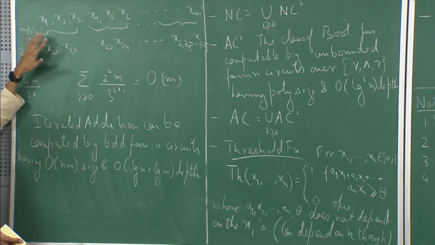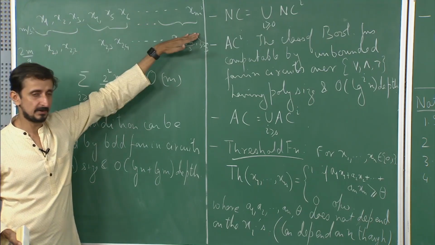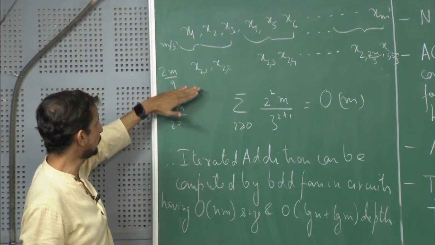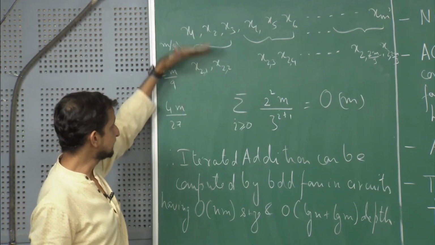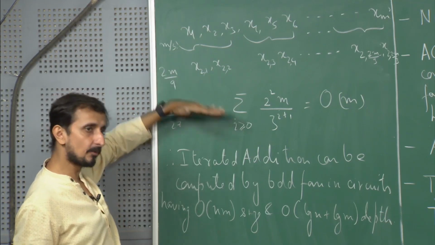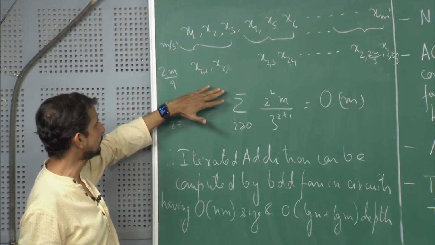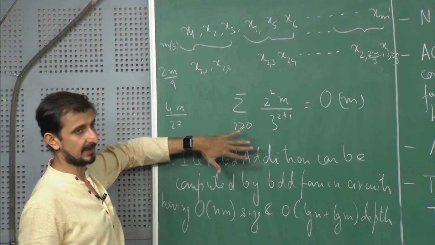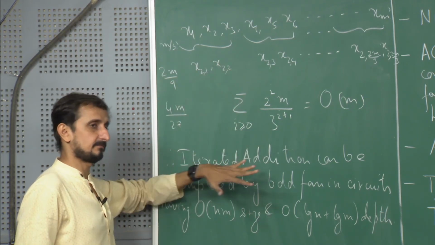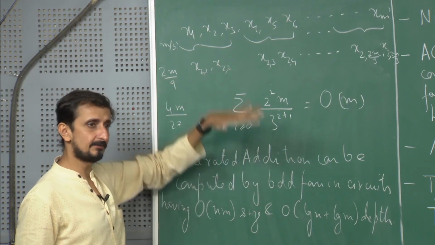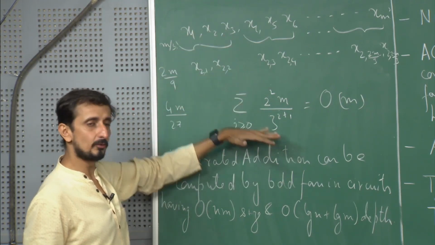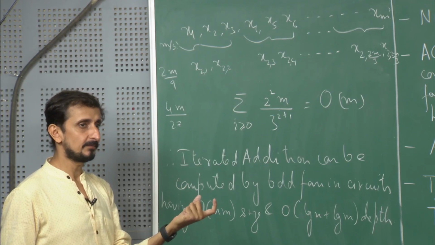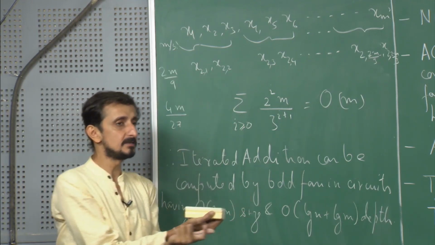Initially you have m numbers, then in the next level you have 2m by 3 numbers. This is coming down one level, and now you keep doing this. In the next level you will have 4m by 9, then 8m by 27 and so on, until you have just 2 numbers left, and the number of levels needed is order log n.